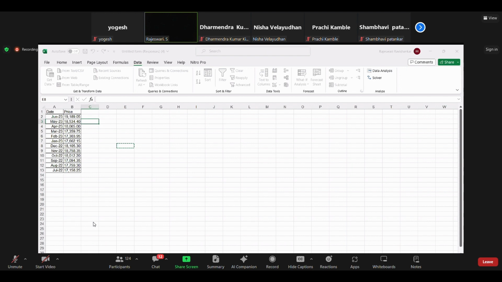I'll do it in my existing sheet. Summary statistics gives all the descriptive statistics. If you want mean, median, mode, range, standard deviation, standard error, everything you will get in it. So I want everything, including kurtosis. So I'll go for summary statistics. Confidence level for mean, I don't want it for the descriptive data, so I'm not clicking on it.